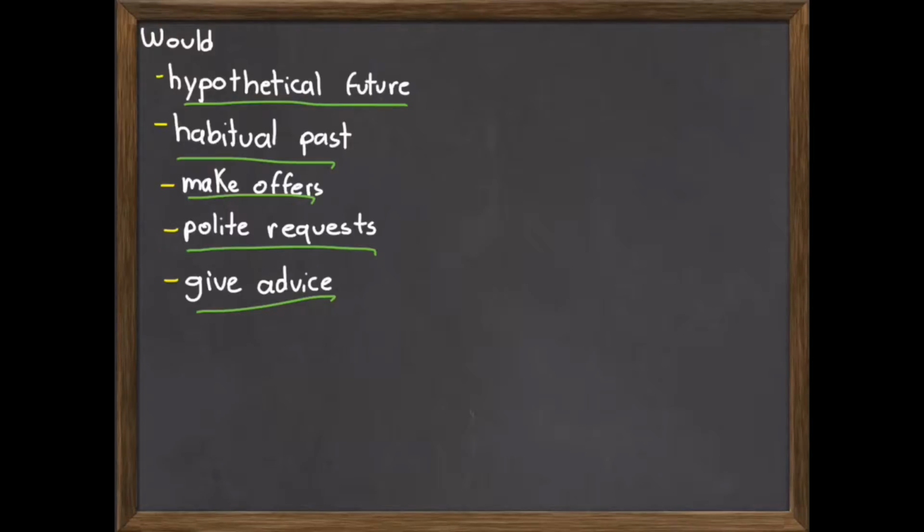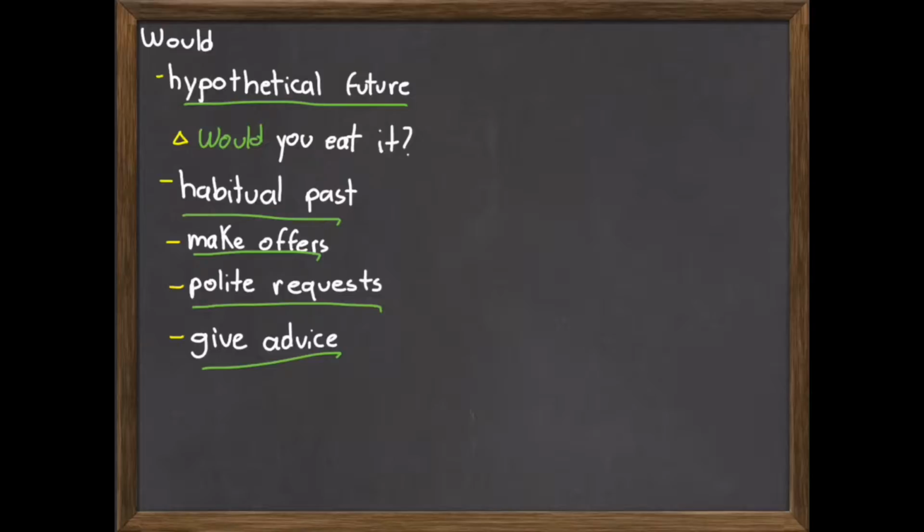Advice is with a C. Okay, so let's look at some examples of these different uses of the word would. An example could be the question, would you eat it?